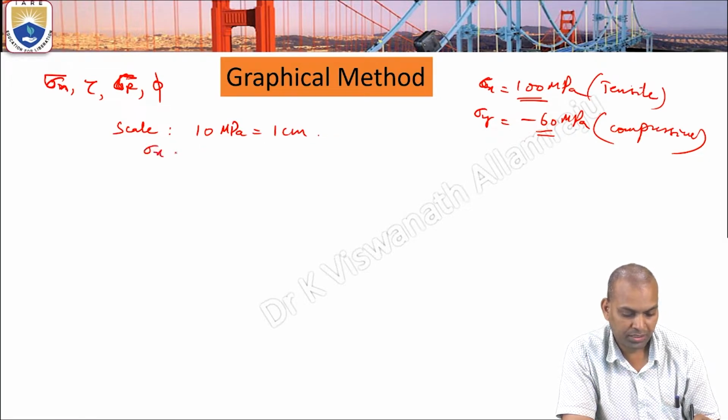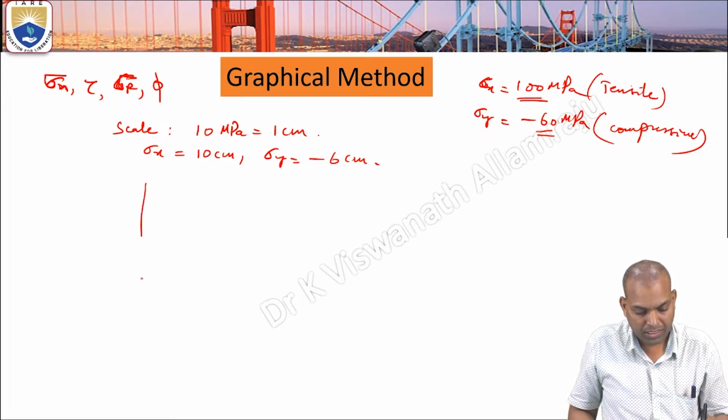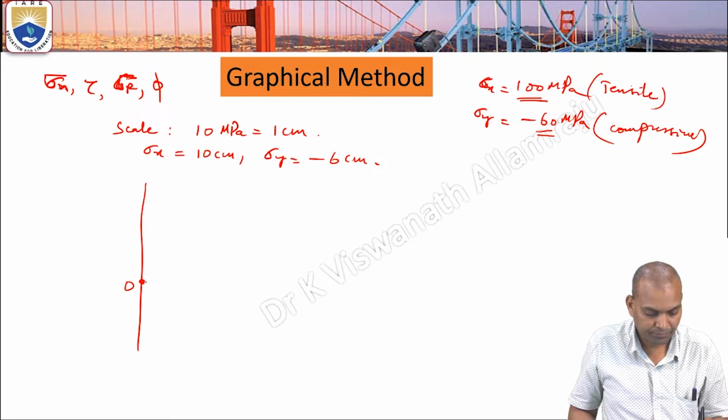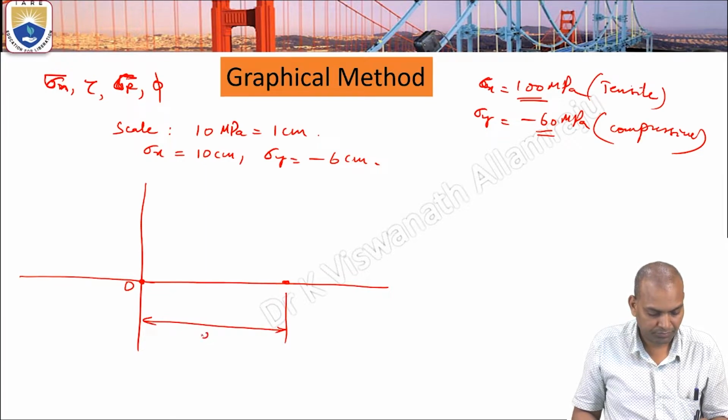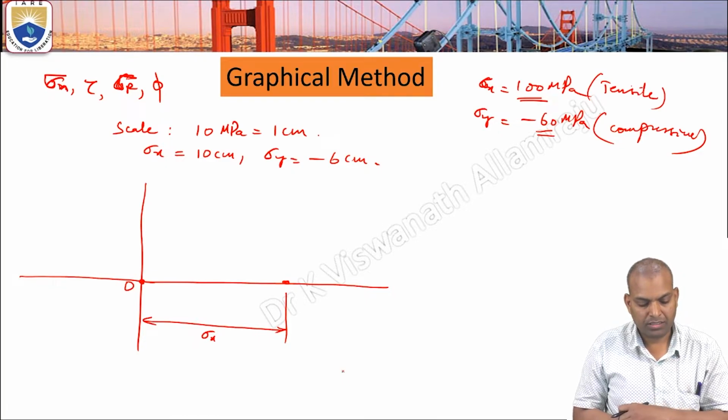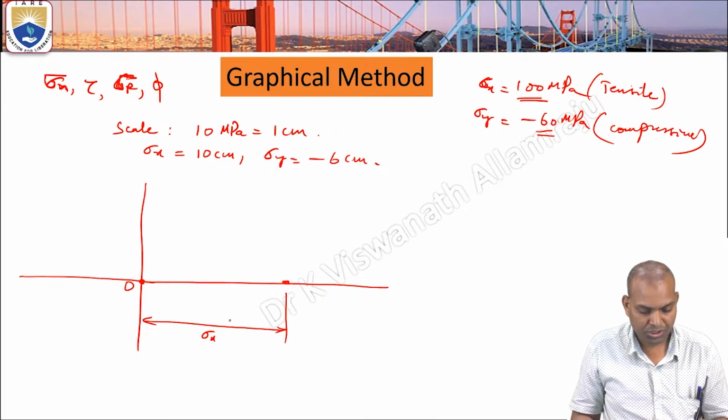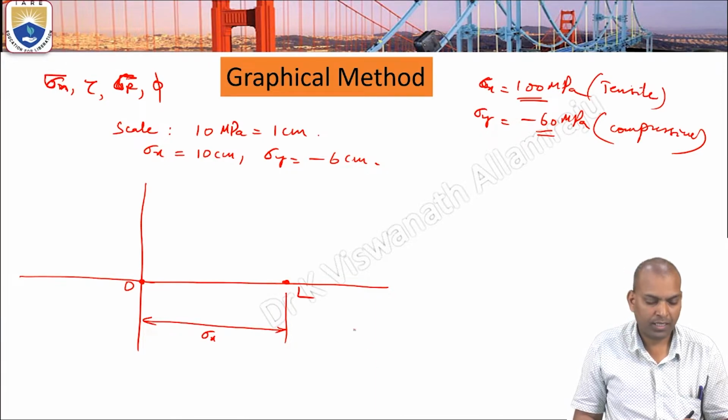Then sigma x, 100 megapascals, becomes 10 centimeters, and sigma y becomes minus 6 centimeters. Now take any point O and draw a horizontal line from O to L, that is sigma x, 100 megapascals. Mark it as OL. This is the tensile direction.